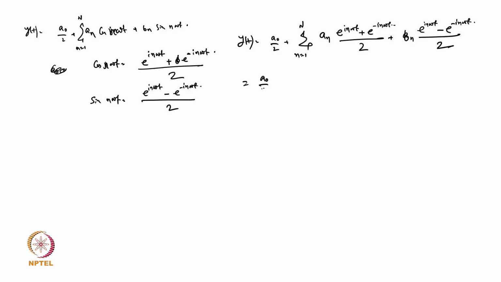So you will have a0 by 2 plus summation of n equal to 1 to N of (an plus bn) by 2 e to the power of i n omega t plus (an minus bn) by 2 e to the power of minus i n omega t. The i will be there, divided by 2i, yes.